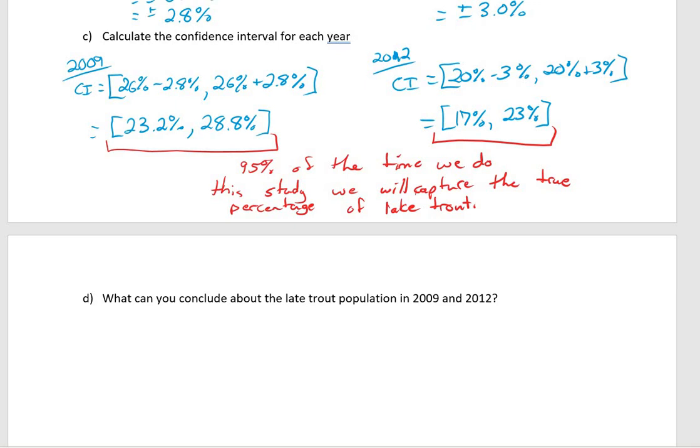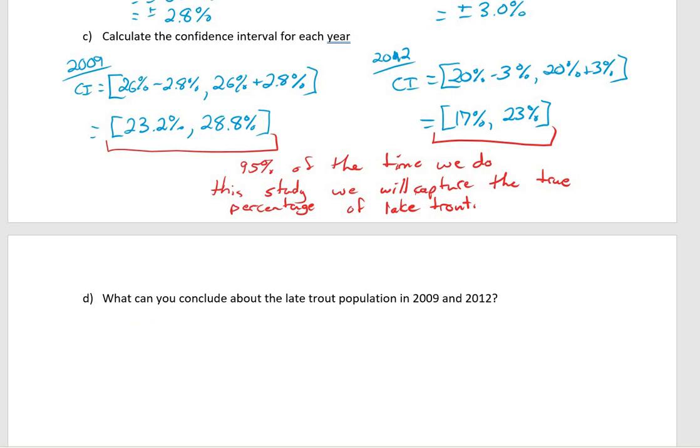So we're pretty confident that the percentage of trout in this lake is decreasing. We don't know how much. It could just be that 0.2% change. Or it could be as much as from 28.8 to 17%, an 11.8% change. We don't know how much, and we can't misstate that in our conclusion.